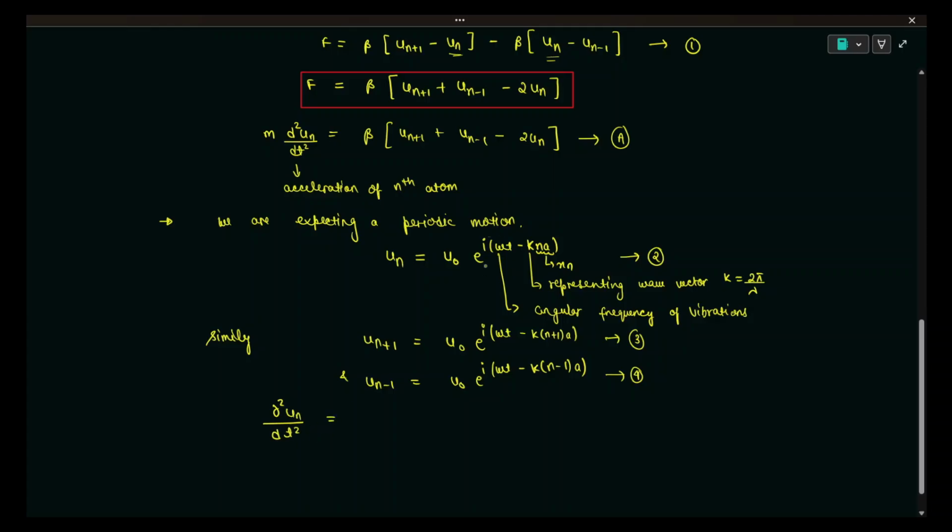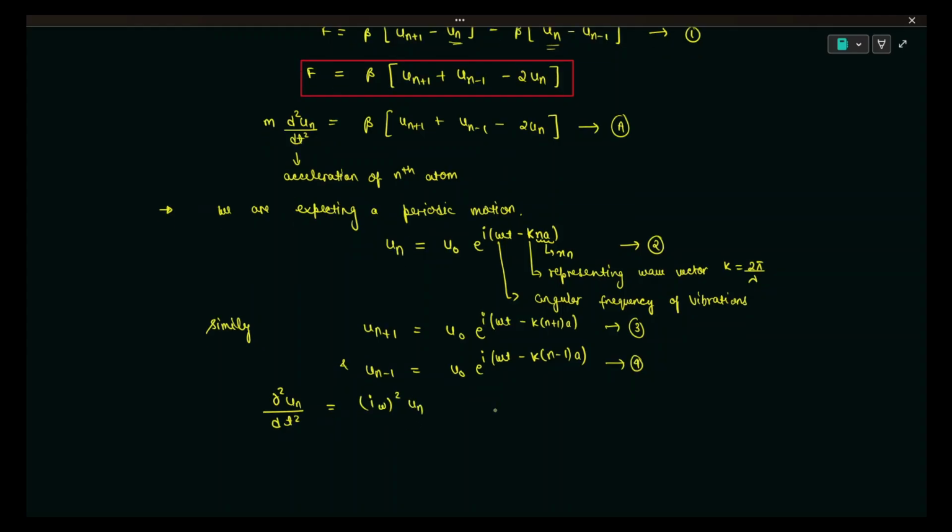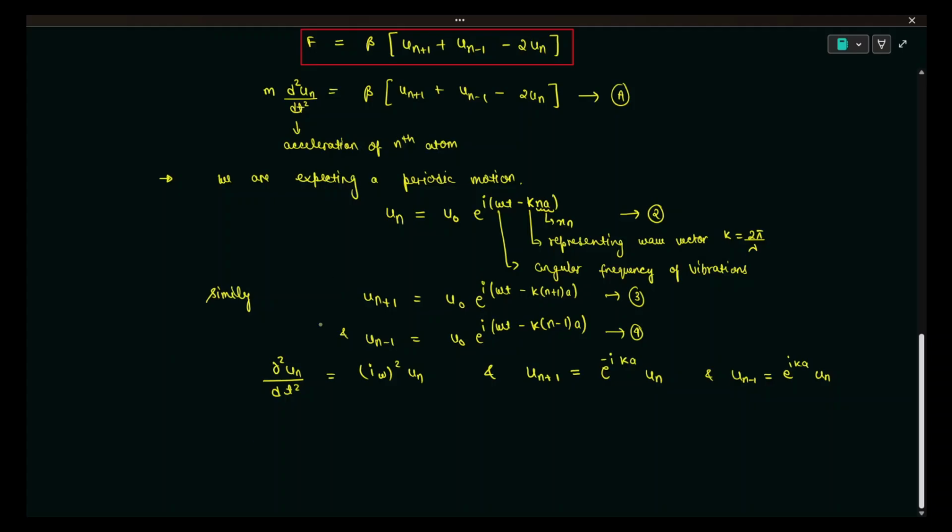So that will be minus omega square u_n, and this u_{n+1} you can write in terms of u_n as e raised to power minus iota ka times u_n. So you can take this ka factor out of this exponential, and similarly u_{n-1} you can write as e raised to power iota ka times u_n. So let's put all these results in the equation of motion.